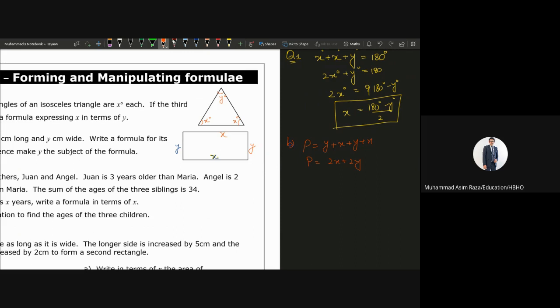So now you have the perimeter in terms of x and y. Now you have to make y the subject of the formula. So you write down p minus 2x is equal to 2y, and y is equal to p minus 2x over 2. Yes, sir. This is how you have to do it. Okay? Yes, sir.